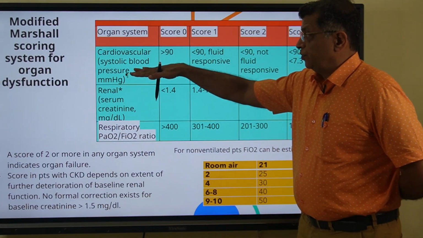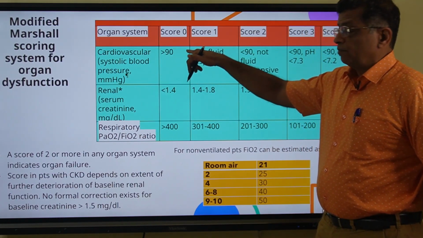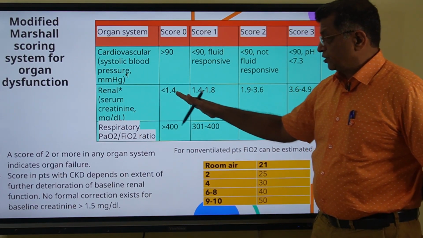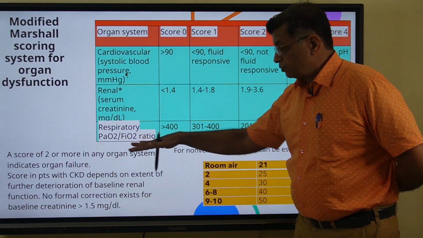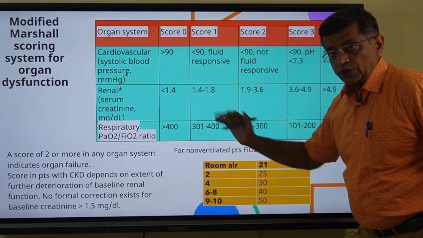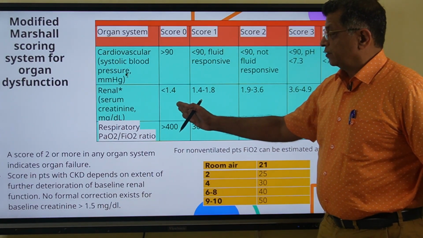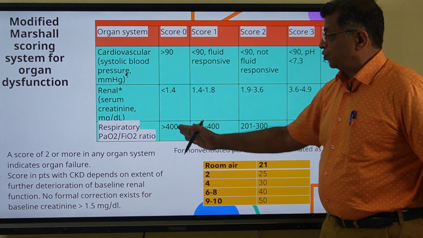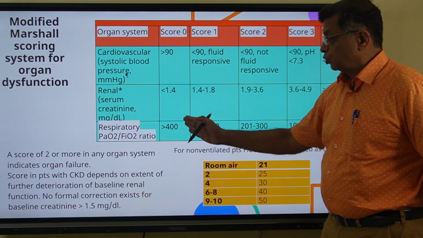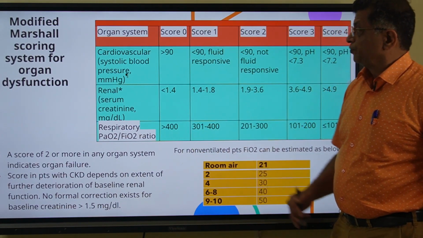Cardiovascular system, measured by blood pressure. Renal system, measured by creatinine, and respiratory system, measured by PaO2 FiO2 ratio. So if the BP is more than 90, creatinine is less than 1.4, and PaO2 FiO2 ratio is more than 400, then the score is 0.